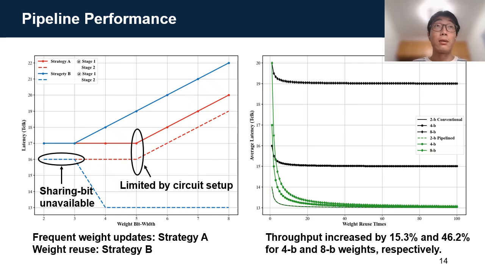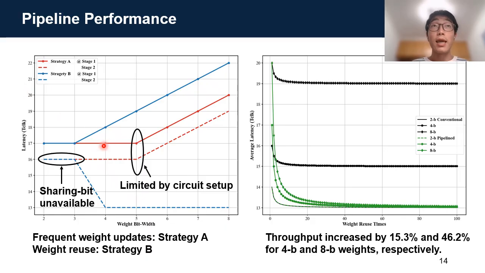Here is the pipeline performance. On the left is the performance comparison between strategy A and strategy B. The x-axis is the weight bit width, which is the precision, and the y-axis is the latency. The lower the latency, the better the throughput.